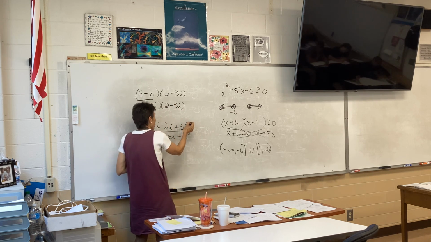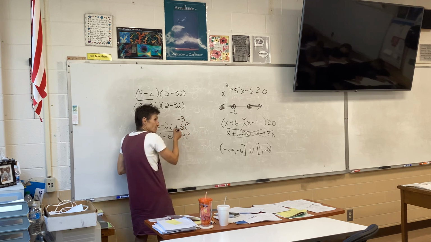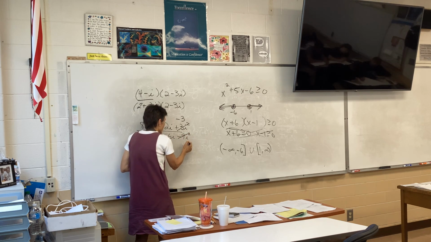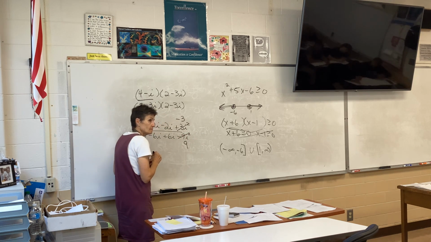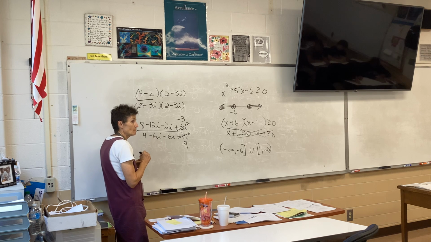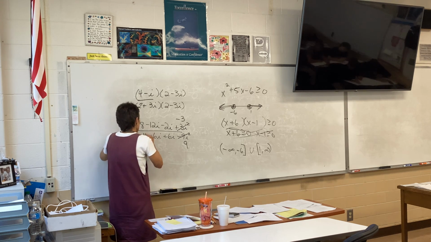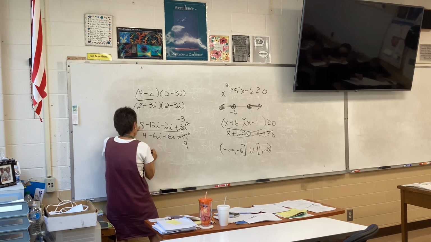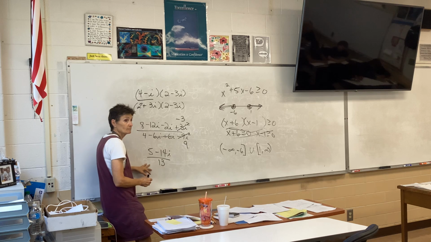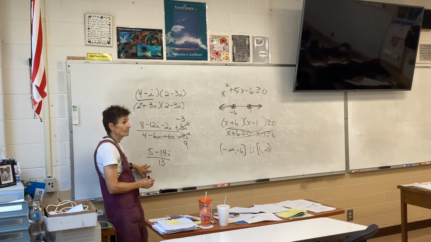So what happens to this? This becomes -3, and this becomes +9. Eight minus 3 is 5 minus 14i over 13. And there's your answer.